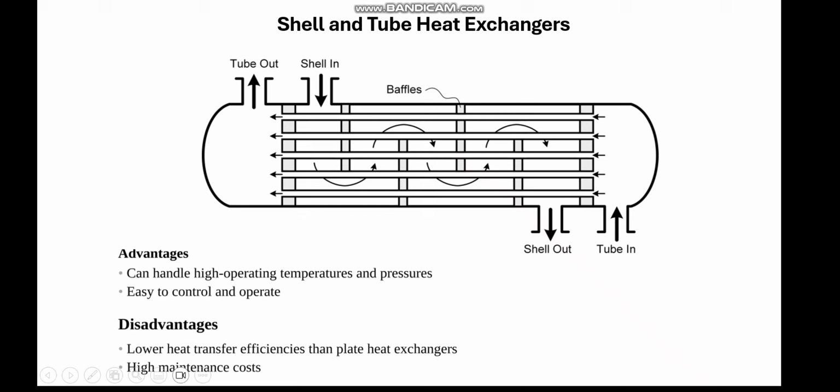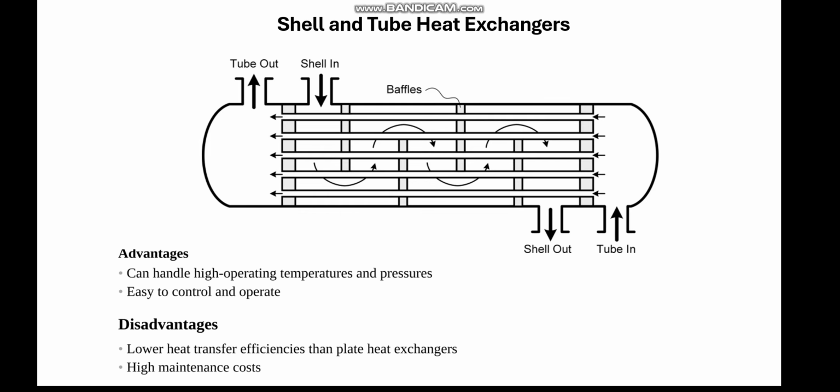There are some advantages and disadvantages of this type of heat exchanger. The advantage is that they can withstand high temperature and high pressure, and they are easy to control and operate. However, there are some disadvantages as compared to the plate and frame heat exchanger.